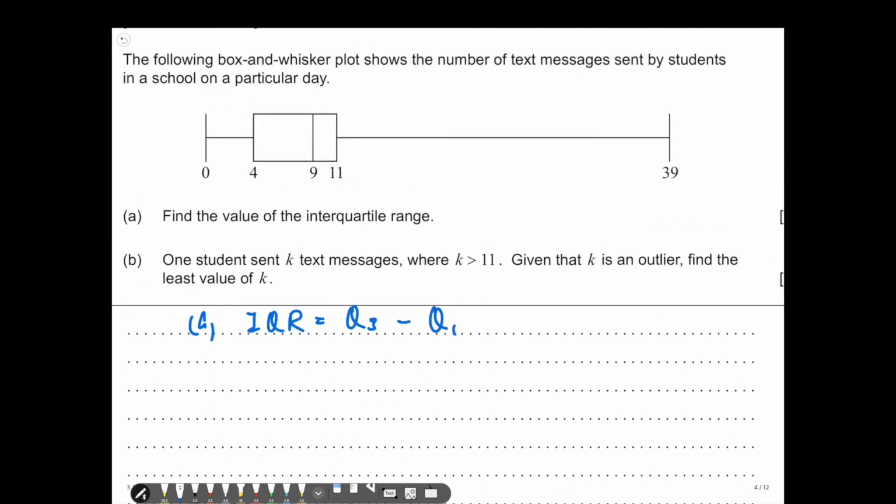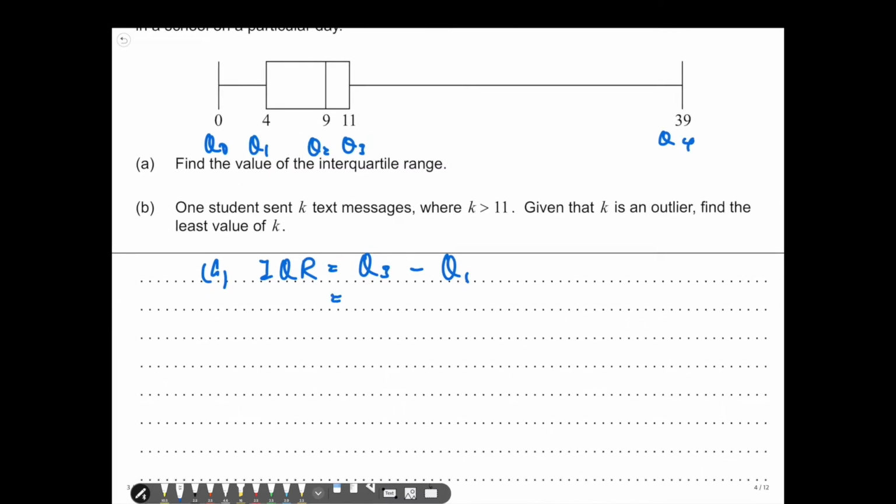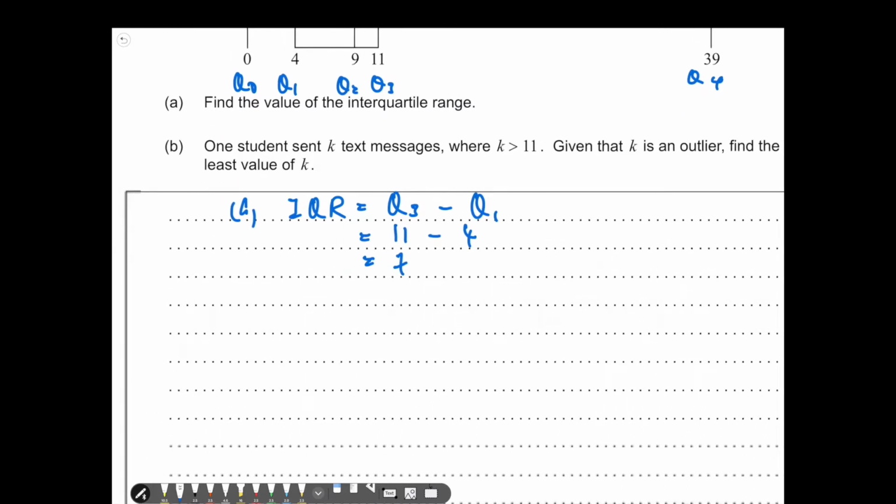From this diagram we have Q0, Q1, Q2, Q3, and finally Q4. So Q3 is equal to 11 and Q1 is 4. After subtraction, that is equal to 7.